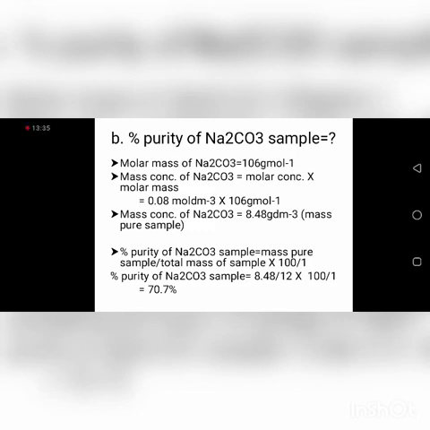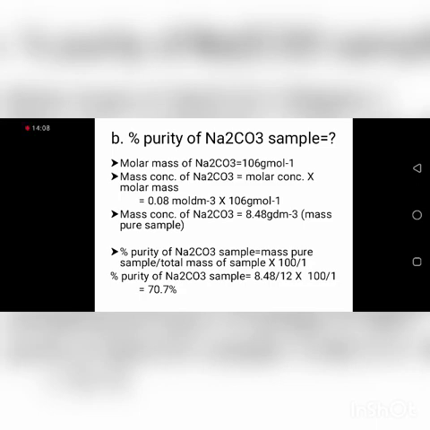Mass concentration of sodium carbonate is equal to molar concentration times molar mass. So by finding mass concentration of sodium carbonate, we have 0.08 mole per dm³ times 106. Then mass concentration of sodium carbonate will give us 8.48 gram per dm³. That mass we just got is the pure mass of sodium carbonate.